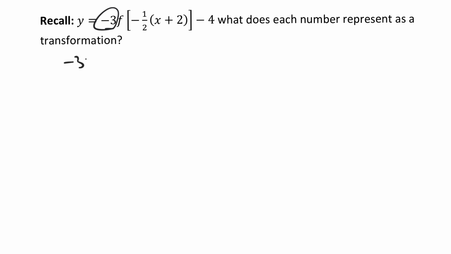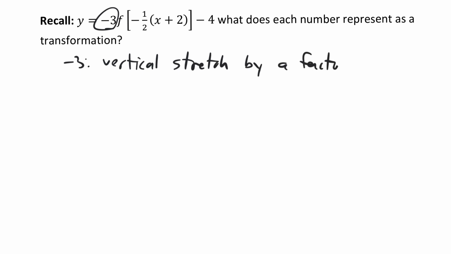The negative 3 represents a vertical stretch by a factor of 3 and a vertical reflection.